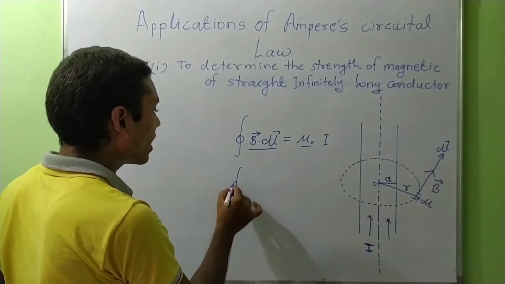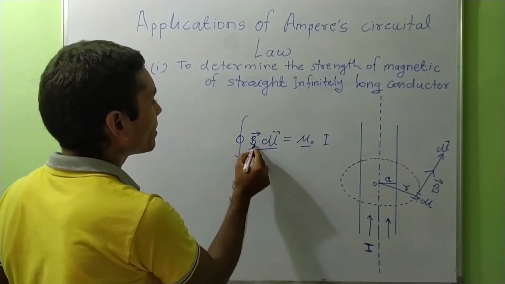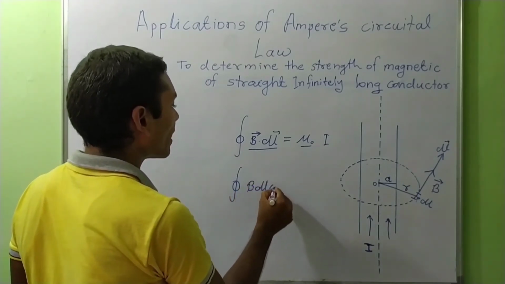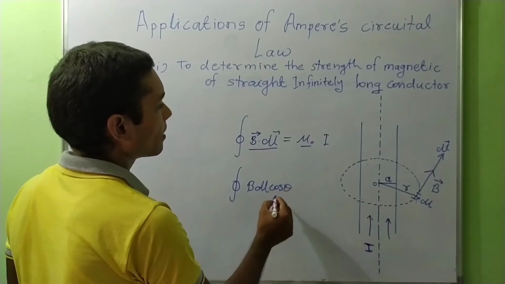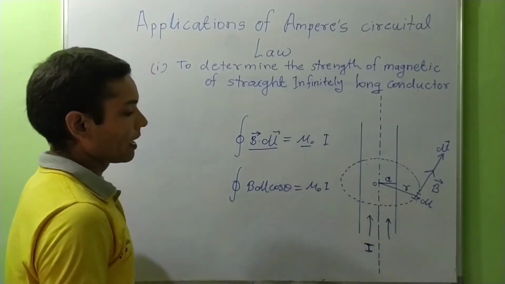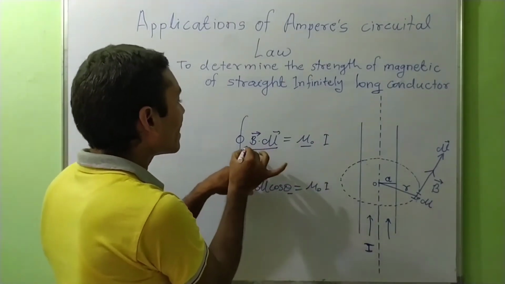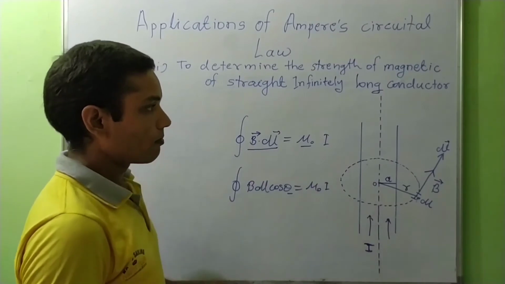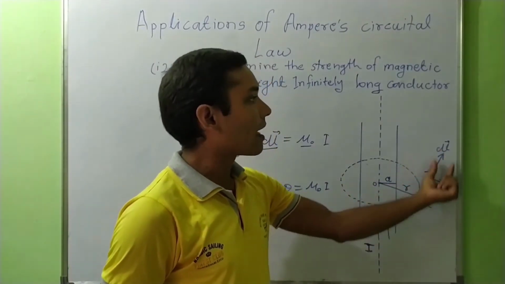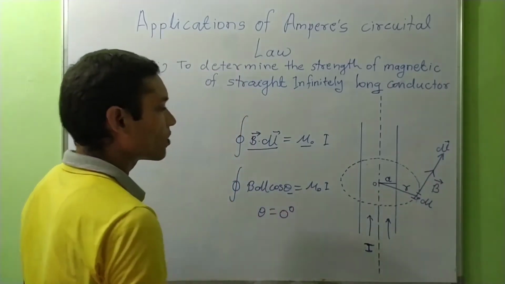By the formula of dot product, vector B dot vector dl will be B dl cos theta, and it is equal to mu naught I, where theta is the angle between vector dl and vector B. But the direction of vector dl and vector B are the same, that's why the angle between them will be 0 degree.